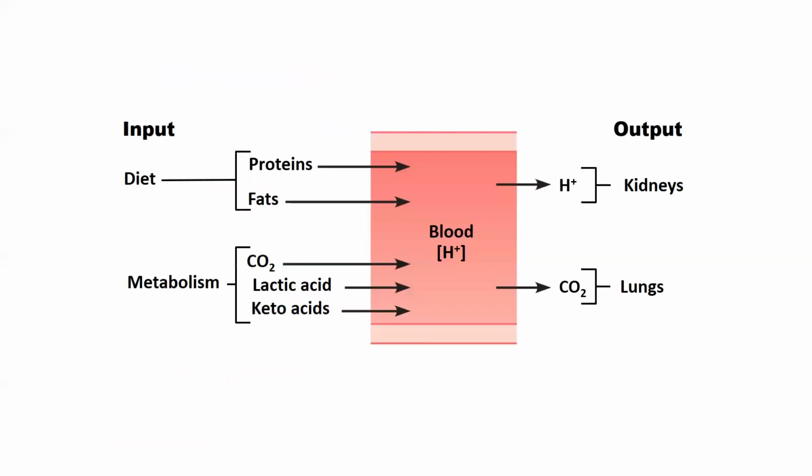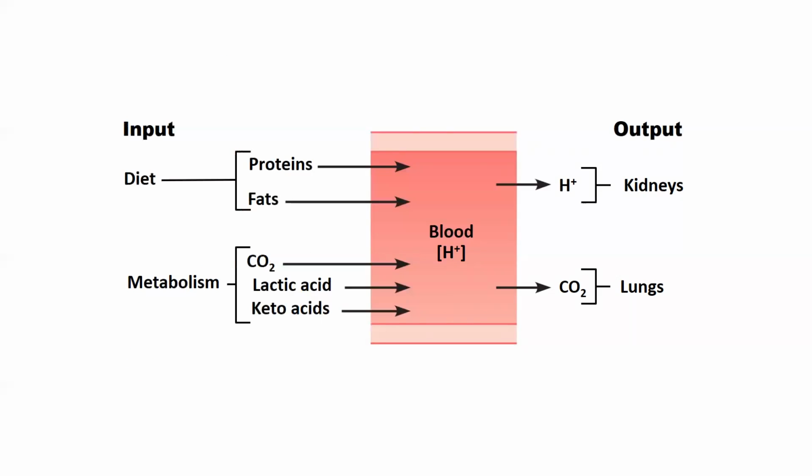So just to talk about ways that acid comes into the body, comes into the blood. One would be your diet. Proteins break down to release hydrogen ions, that's acidic. Fats break down, right? The breakdown of fats produces keto acids. And then there's carbon dioxide, which is a byproduct of metabolic activities within the cell, right?